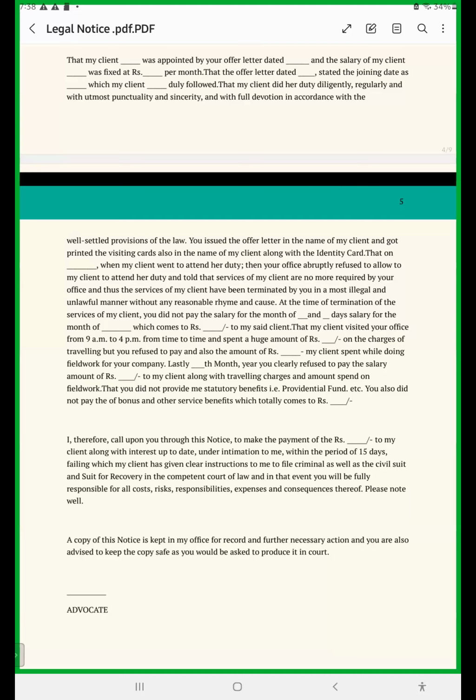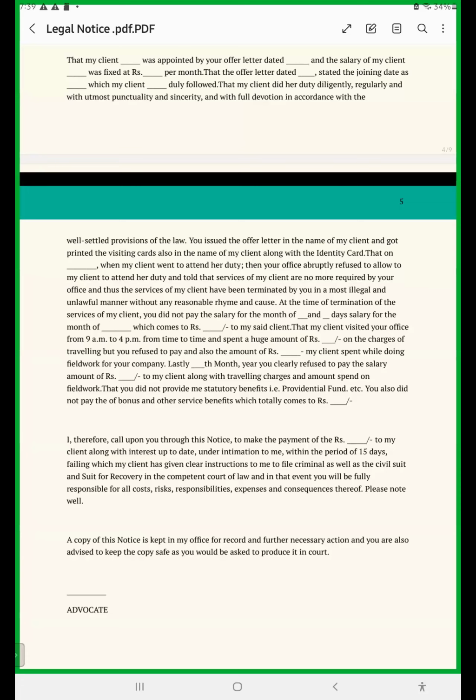That my client visited your office from 9 a.m. to 4 p.m. from time to time and spent a huge amount of rupees, let's say 2,000, 3,000, on traveling charges, but you refused to pay, and also the amount of rupees that the client spent while doing field work for your company. Meaning the reimbursement the company gives you for company visits, that amount you need to write, such as travel, food, stay, all that you need to write.